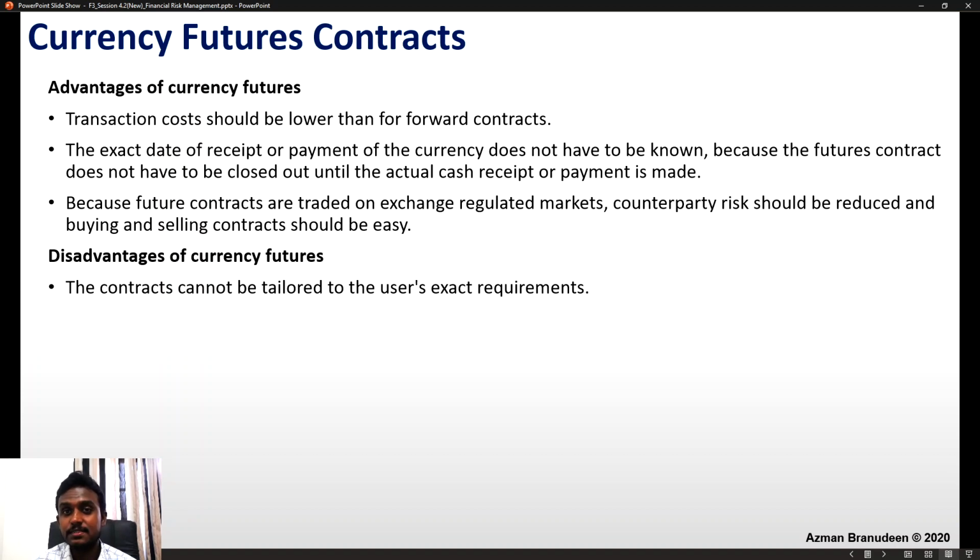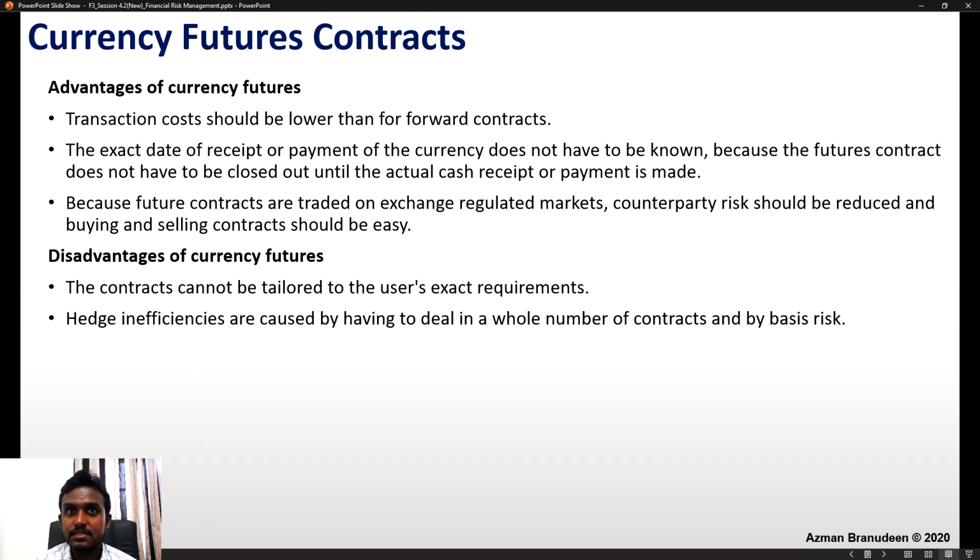Standard sizes, standard durations. Hedge inefficiencies are caused by having to deal in a whole number of contracts and by basis risk. So basis risk, if I just simplify it for you, you would have noticed here the futures contract does not have to be closed out until the actual cash receipt or payment is made.